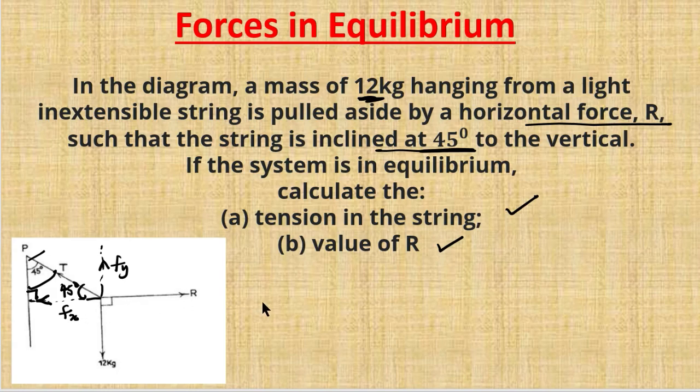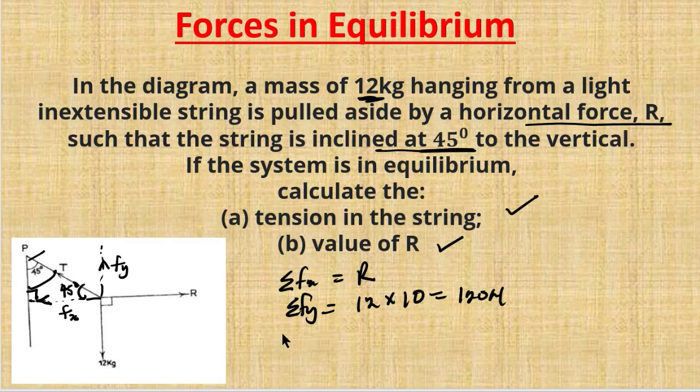Now for the system to be at equilibrium, the summation of my Fx must be equal to R, and the summation of my Fy must also be equal to my 12 kg times my acceleration due to gravity. Let's assume it to be 10, so that equals 120 Newton.